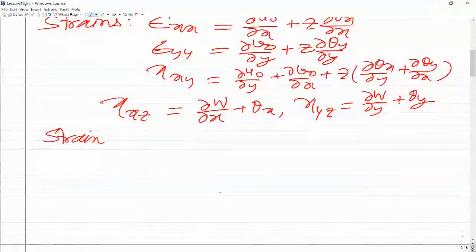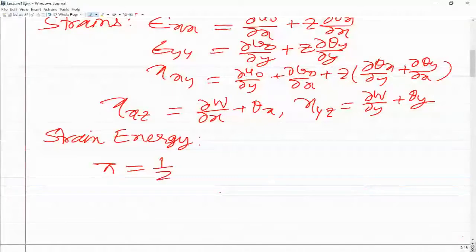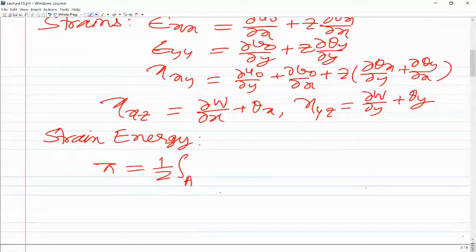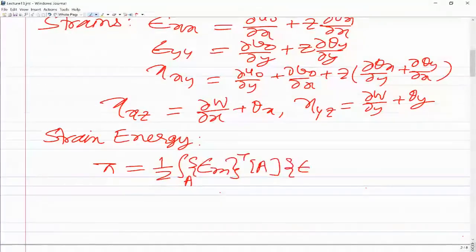So finally you can write the strain energy pi as, after this I will explain all the terms, integration over area of the element, and then we have what is known as the membrane strain tensor into the extensional stiffness matrix A into the membrane strain tensor epsilon m dA.